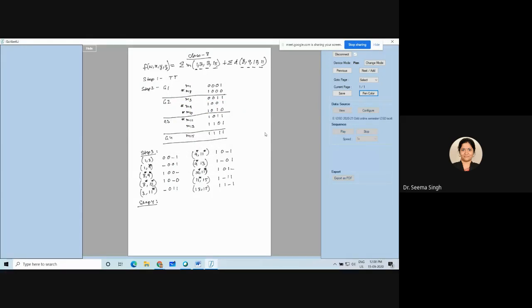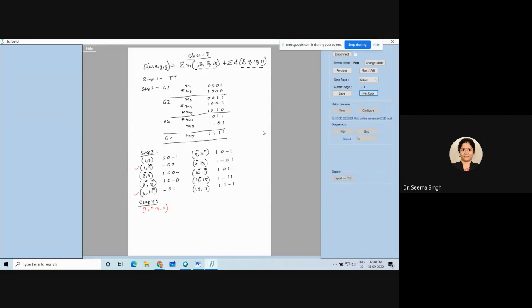Now let me see the first place of the dash. Which one has the dash in the first place? 1 9 and 3 11 have dash in the first place. So I can see if I can do grouping of this 1 9 and 3 11. Yes, I can do it. So I will do 1 9 3 11.